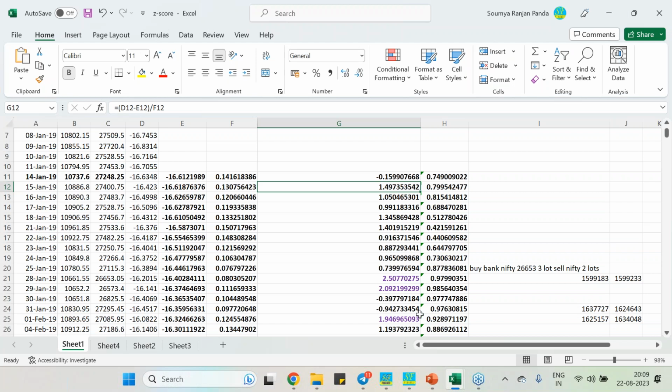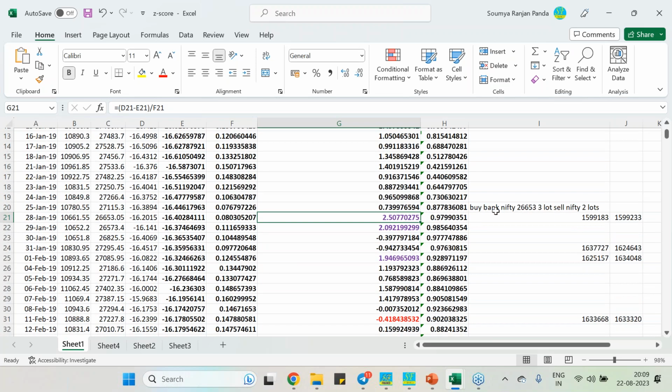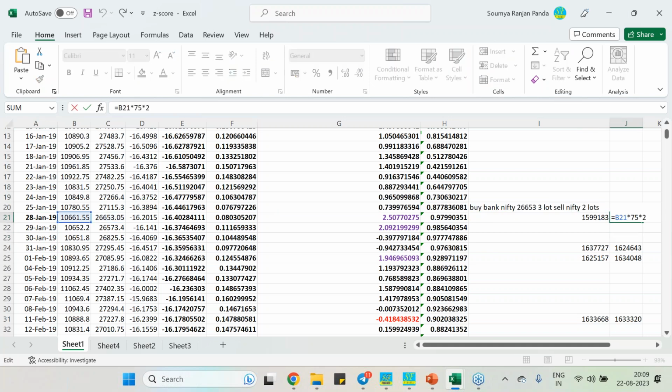The day the Z score goes +2, the trade will be entered. Plus two means dependent time. Buying Bank Nifty and selling Nifty, say on 28th January 2019. Whatever the lot size is, based on that, equate the buy value and sell value.